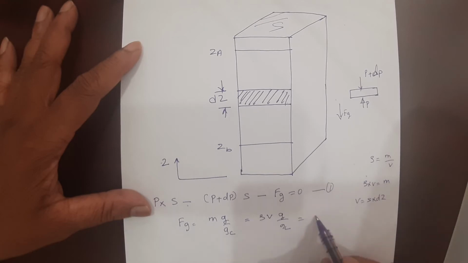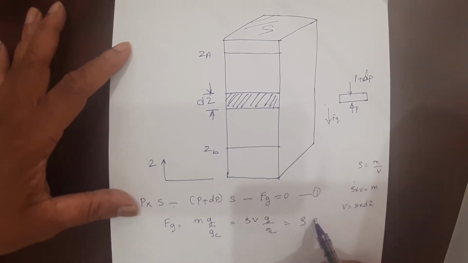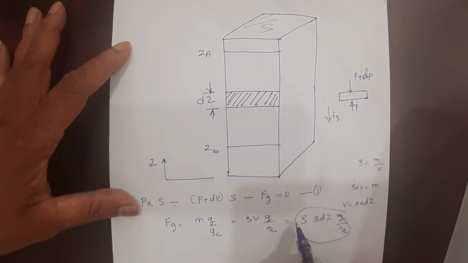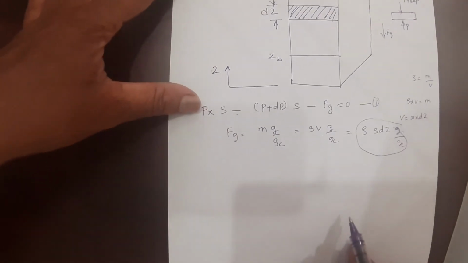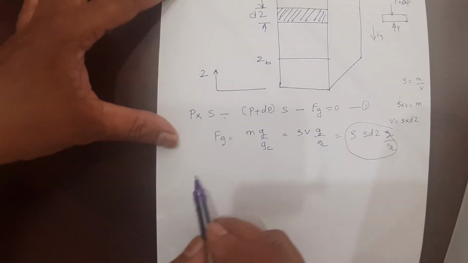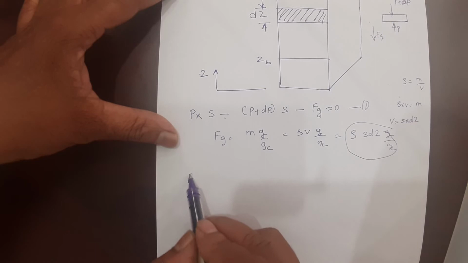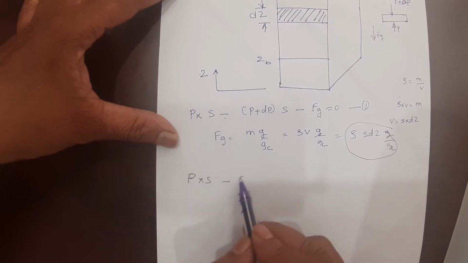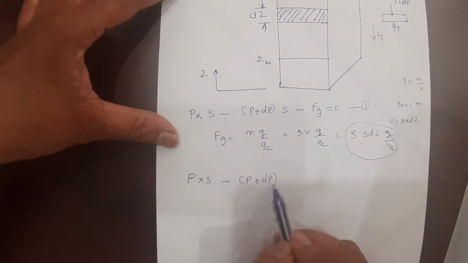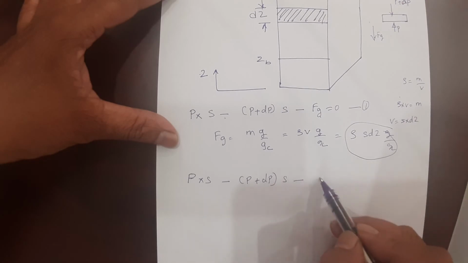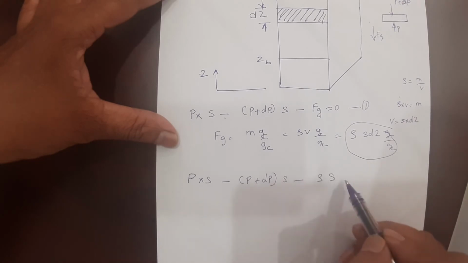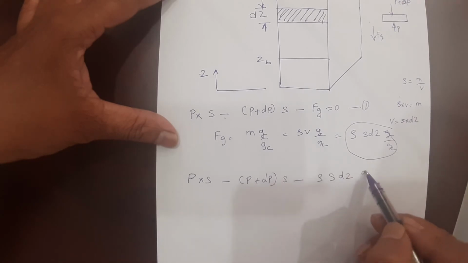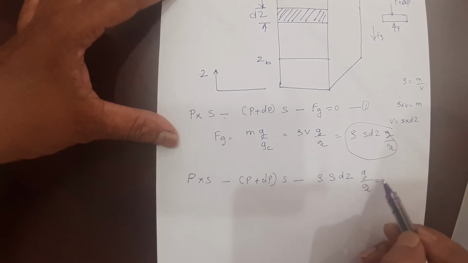This will become density, volume S into dz, g by gc. I am going to substitute this value in Fg, so this will become P into S minus P plus dP times S minus rho S dz g by gc is equal to 0.